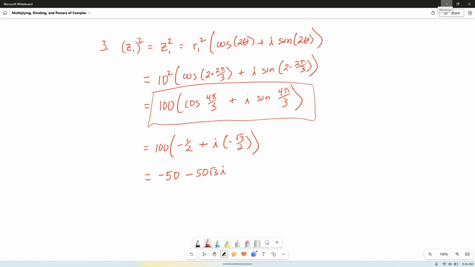So this is what it would look like if we wanted to convert it into a plus bi form. Usually for me, I don't care. Just follow the directions of whatever the problems you might be looking at ask you to do. If they want it in polar form, then leave it with the cosines and the sines. If you're asked to find it in a plus bi form, then you need to compute what the cosine and the sine actually are.